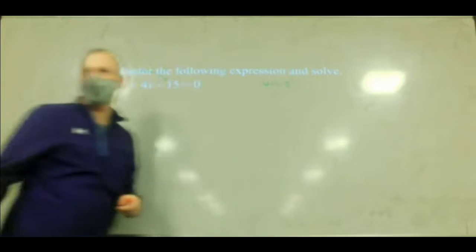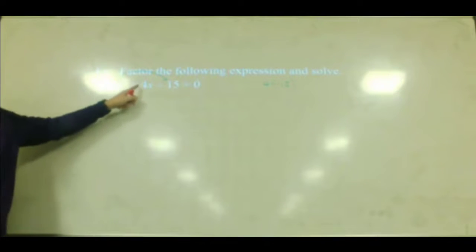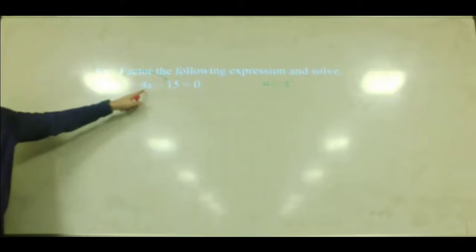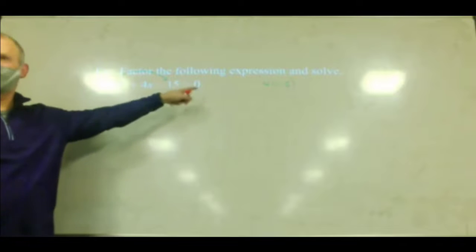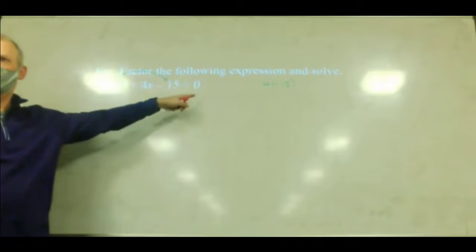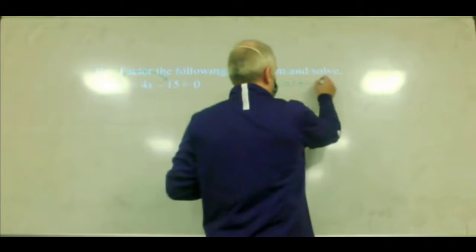Oh yeah, let me read this first. 4x squared plus 4x minus 15 equals 0. Okay, so we're going to do 4 times the negative 15, and that gives us negative 60. Again, just calculator is fine.